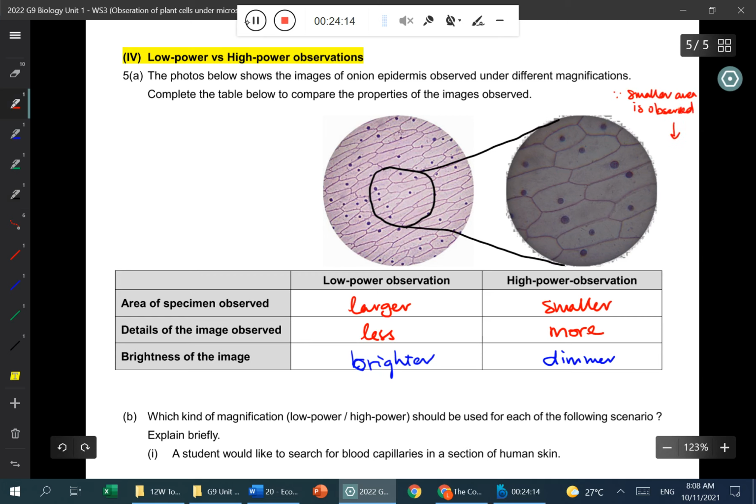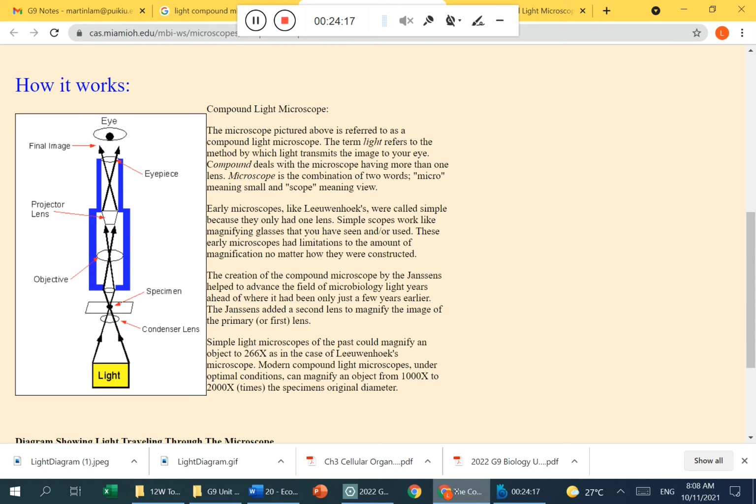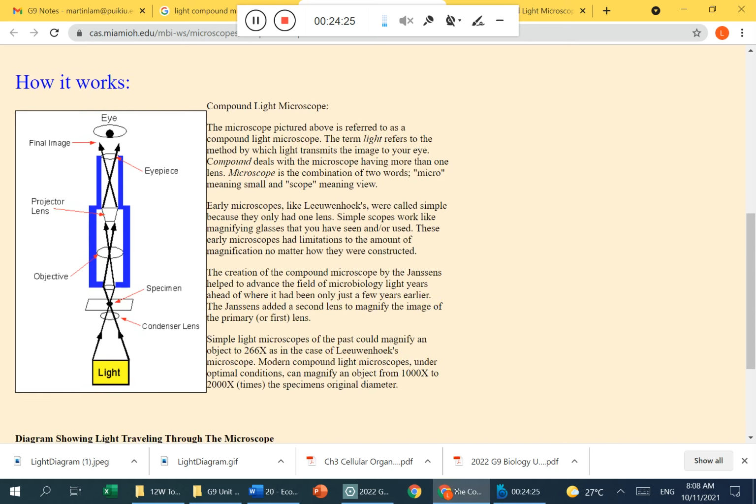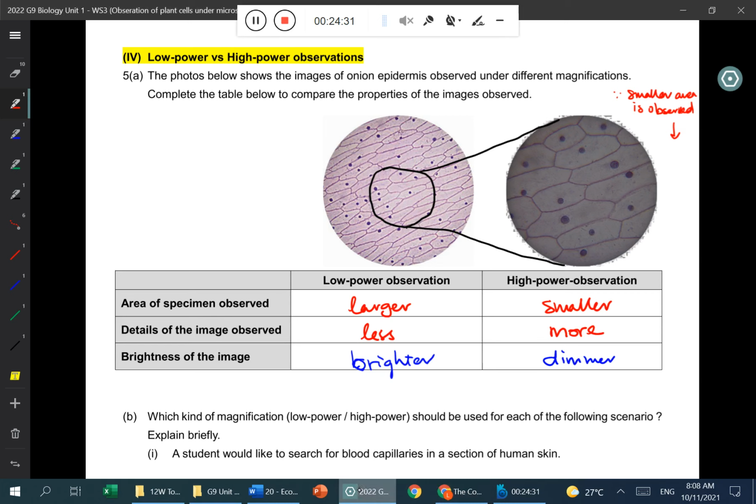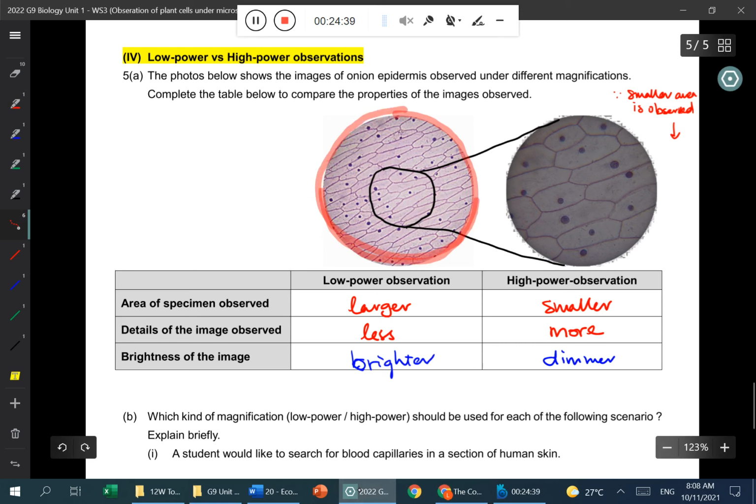If you look at this photo again, about how a light microscope works, you will realize that light is passing from the bottom of the specimen up. So you can imagine that when you can see this circle, it means that all these areas allow light to pass through.